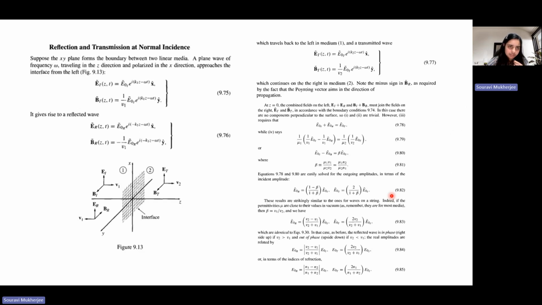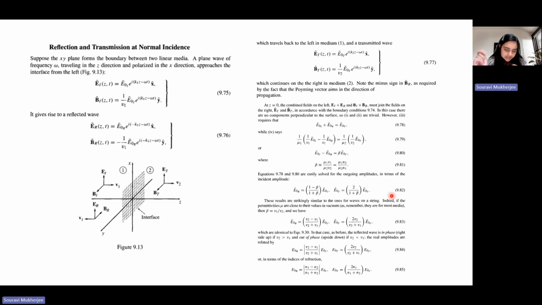When you move from one medium to another and there's a wave that is propagating, a part of it gets reflected, a part of it gets refracted. So what is the intensity of light that is getting reflected? What are the transmission intensities? Those can be defined based on these boundary conditions.